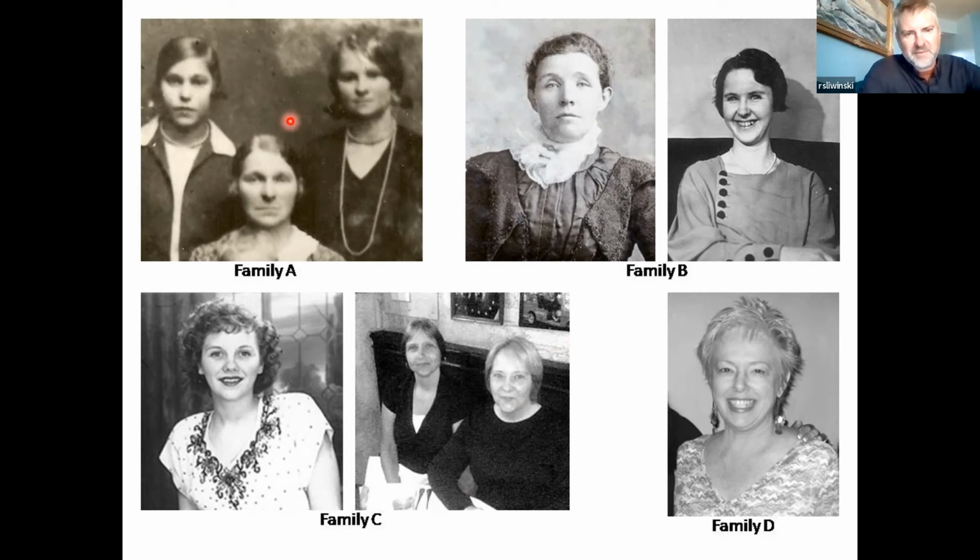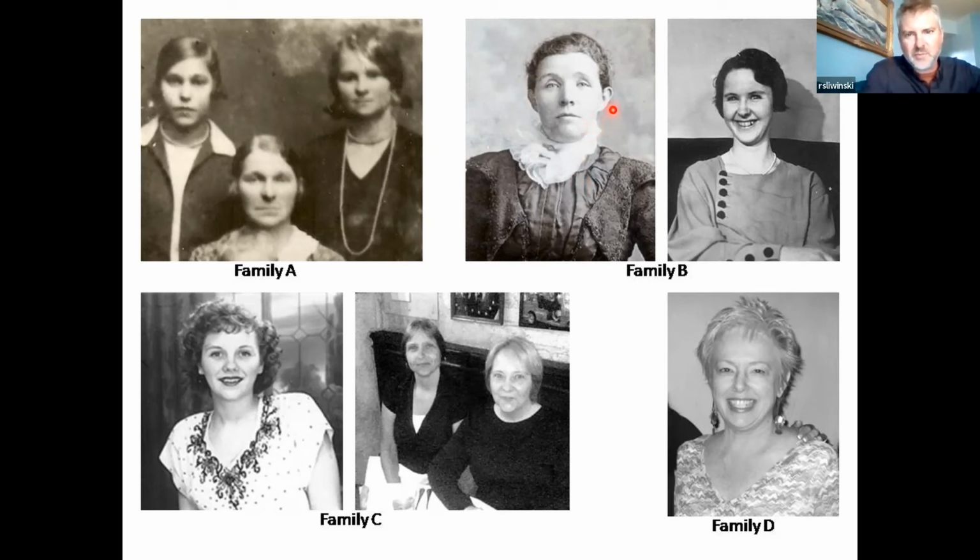This is the oldest family member that I have a photograph of, and another family, she's from Poland. Family B is Northern Ireland. One of the things that I look at is bone structure on the face, because the skull is something that does not change very quickly and has genetics that stay around for a long time.